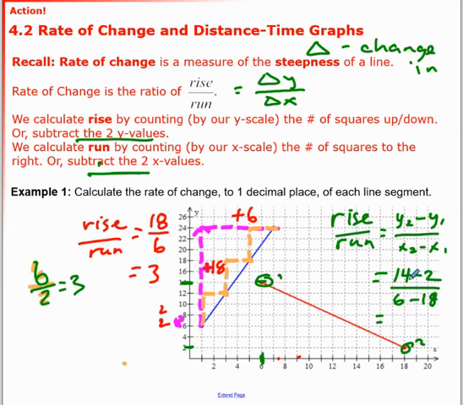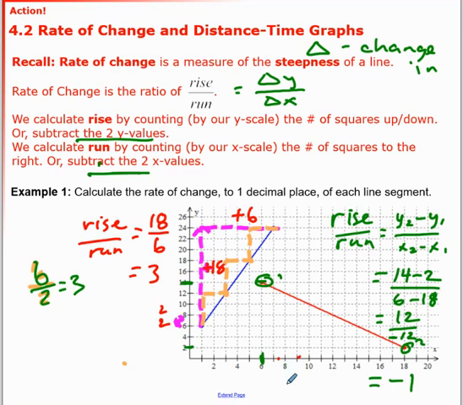Okay, well, 14 minus 2 is 12. And 6 minus 18, well, that's going to give us a negative 12. Okay, so if we do 12 divided by negative 12, that's going to be a negative 1. And that could be our rise and run. That's our rate of change.